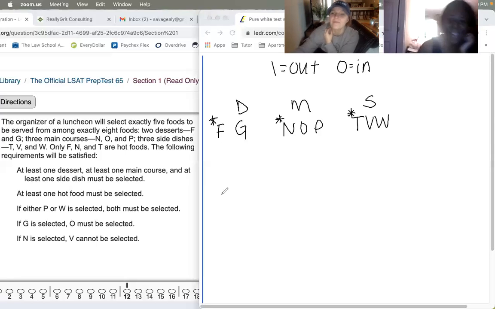Ready. Okay. The last thing within this game is we have to have exactly 5. I think we've maybe gone over in past classes how I do minimum, maximum, or exact amounts with in and out games. But I'm just going to write off to the side over here, 5 spaces.